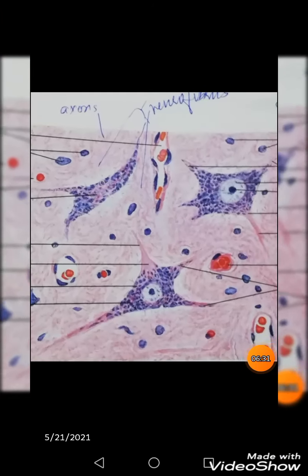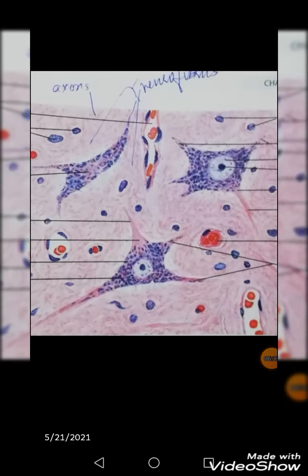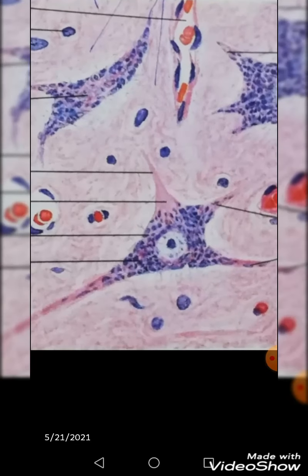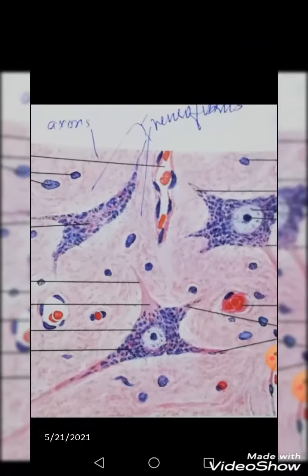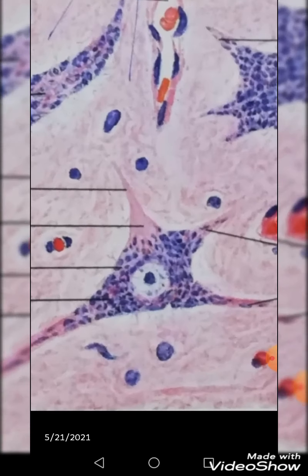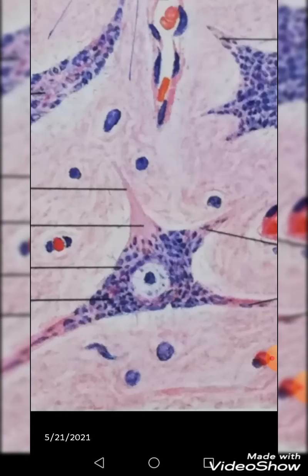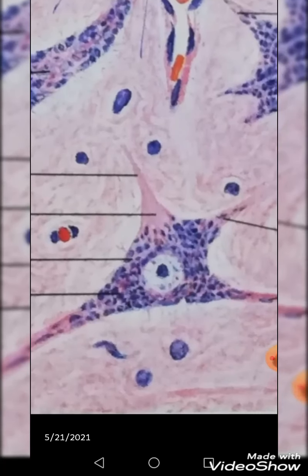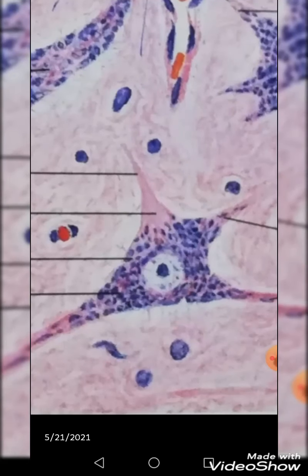In this picture again, which is gray matter, showing the neurons. Here you can see the neuronal cell body, and this whitish central structure in the neuron is its nucleus, and in the very center there is a very well marked nucleolus.